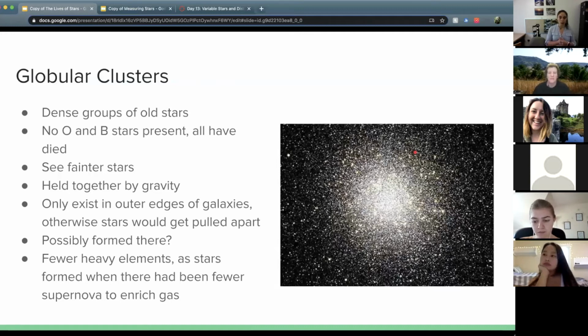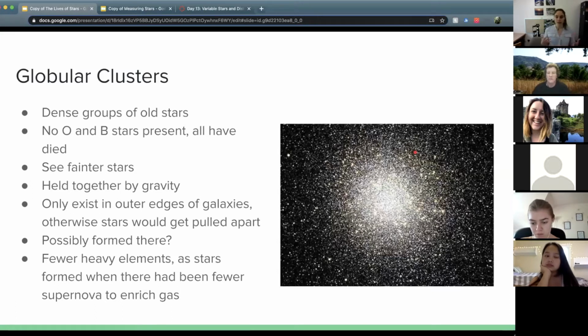Another thing that's kind of cool about globular clusters is that because the stars in them are so old, they have fewer heavy elements. Anything outside of hydrogen and helium, we said, is going to be a metal or a heavier element.